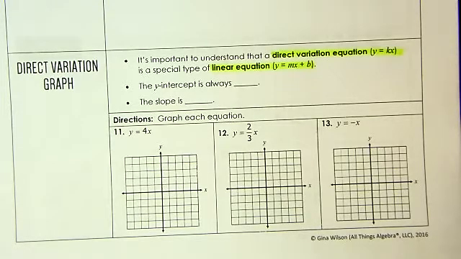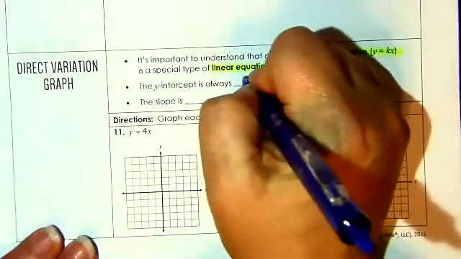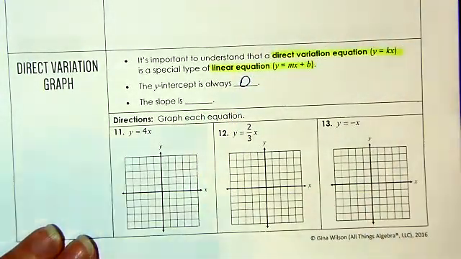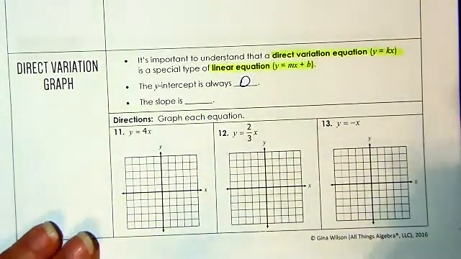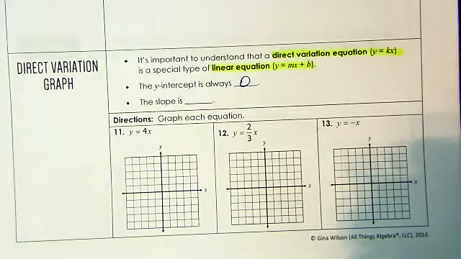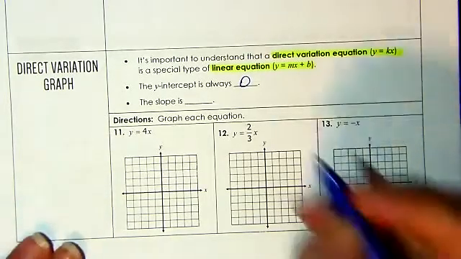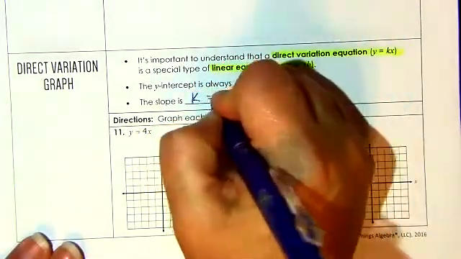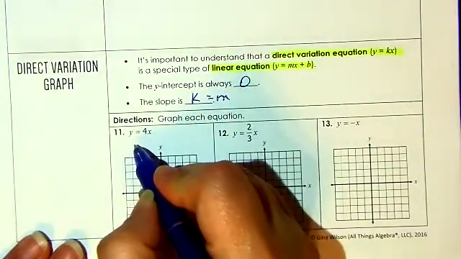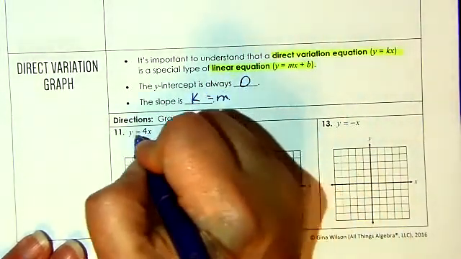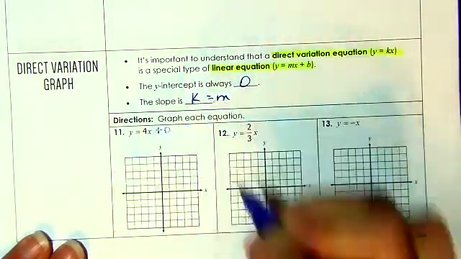When I'm looking at this, the y-intercept is always 0, okay? So when I've got an equation, it's understood to be plus 0, we just don't write it. The slope is k, so that's the same thing. So when I'm looking at number 11, it's understood to say y equals 4x plus 0.